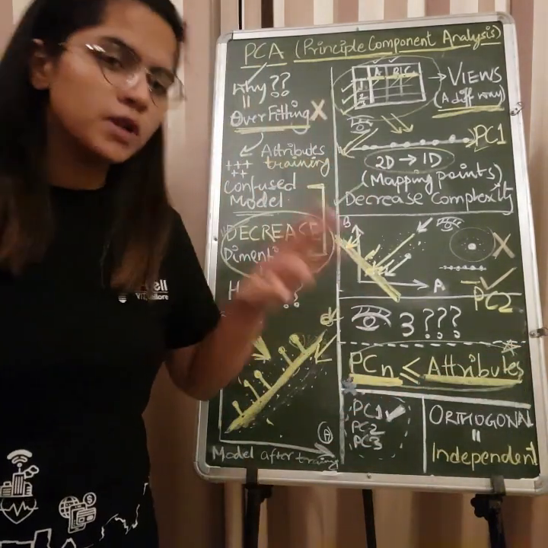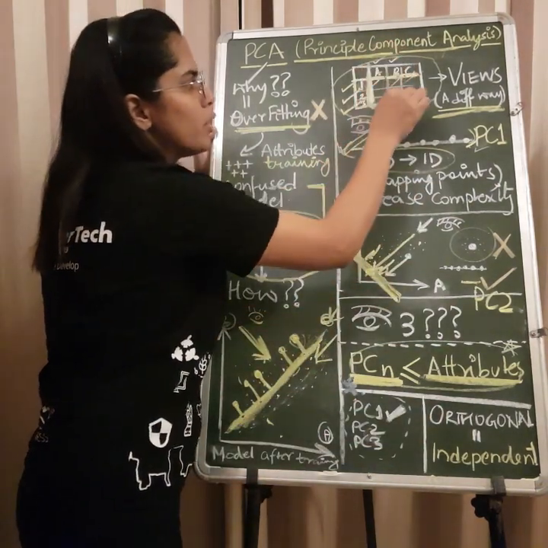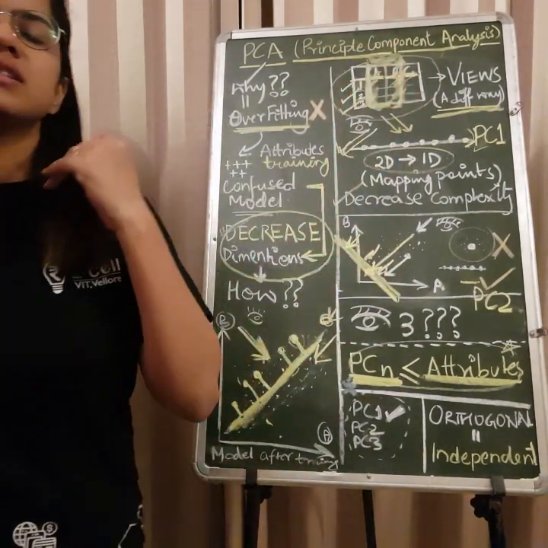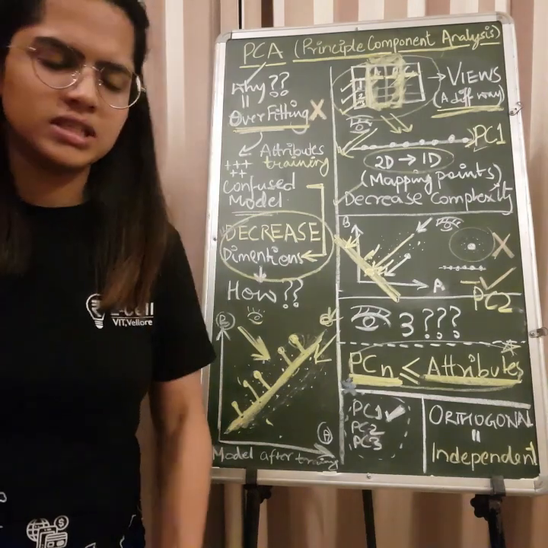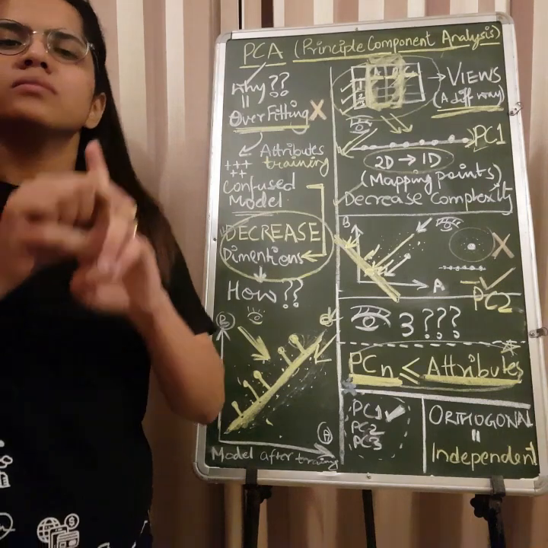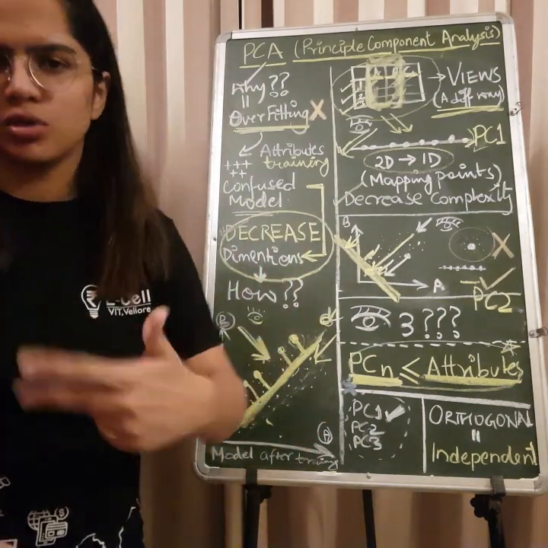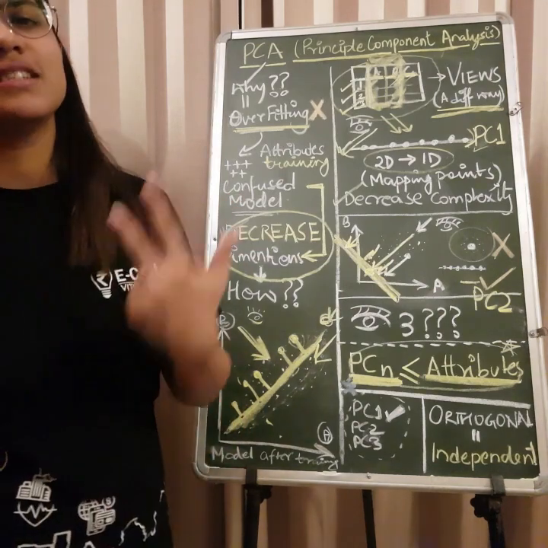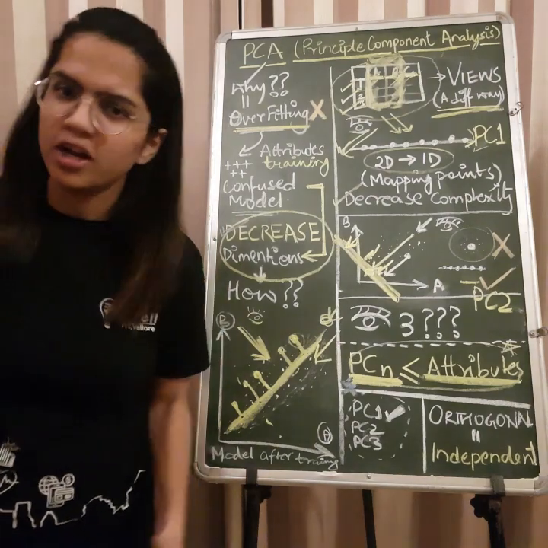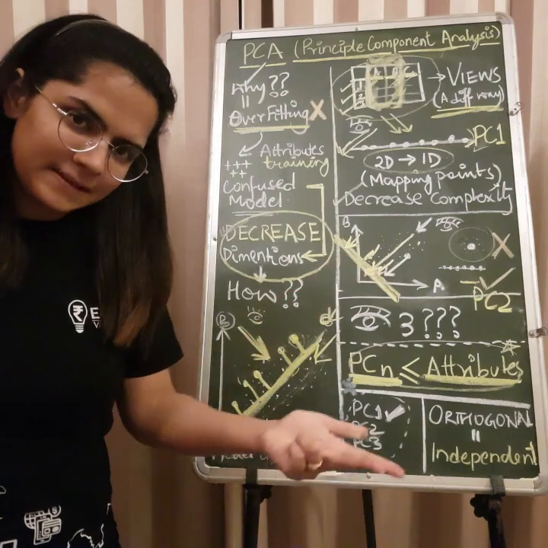The number of principal components will always be less than or equal to the number of attributes for which the model has been trained. If there is a set of 3 attributes, say price of toppings, speed of delivery, and let's say customer's experience, based on which a person buys pizza from your place, then you might end up having not 1, not 2, but 3 principal component lines.